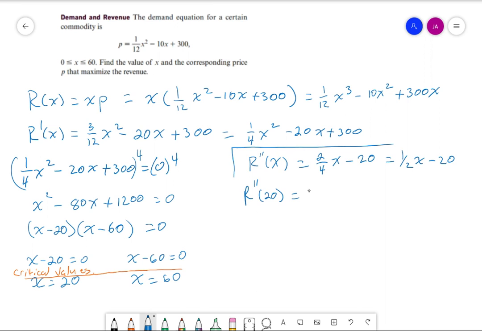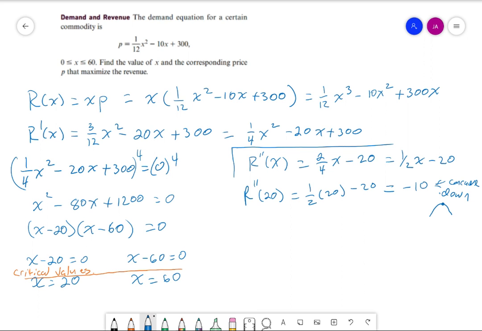R double prime of 20 is going to be 1/2 of 20 minus 20. But that's negative 10. And so we know that this is concave down, right? And so that means that this value actually will be a maximum, right?